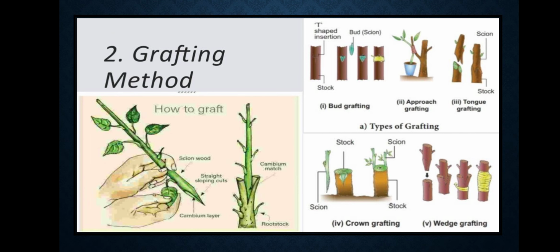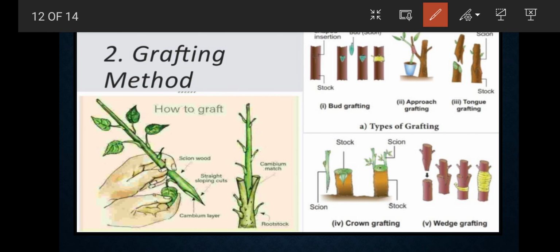Second type of artificial method is your grafting. Here the parts of two different plants are joined together in such a way that they continue to grow as a single plant. The rooted plant is termed as your stock. As you see in this picture also, this is your rooted plant, this is termed as your stock, and the above part is your detached twig, or we say detached branch.